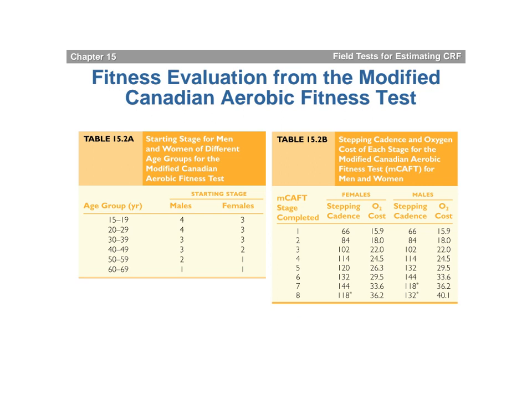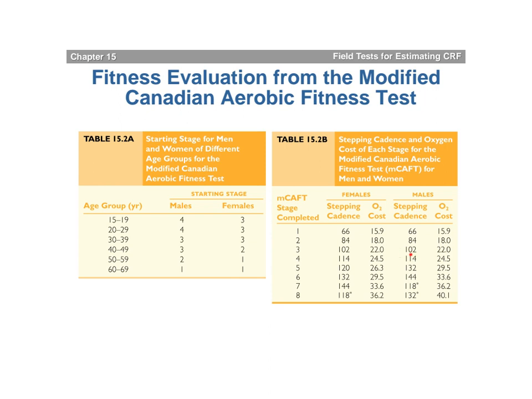Okay, let's imagine we have a male who's 30 to 39 years of age. So this person, according to this table of 15.2a, would start at stage 3. So then we'd look over here at the next table and say, okay, here's stage 3. For a male, here's the stepping cadence.